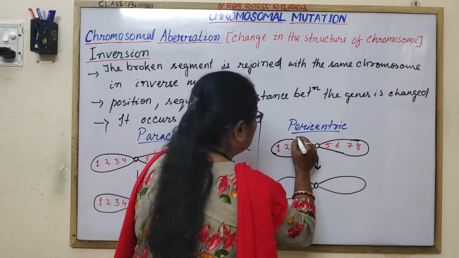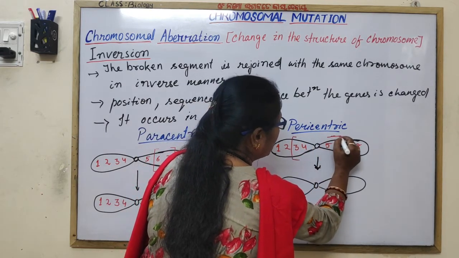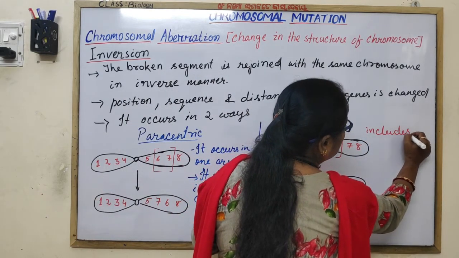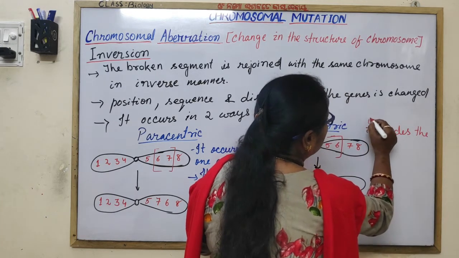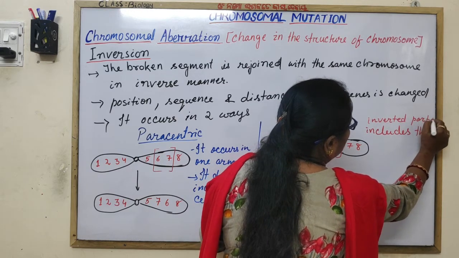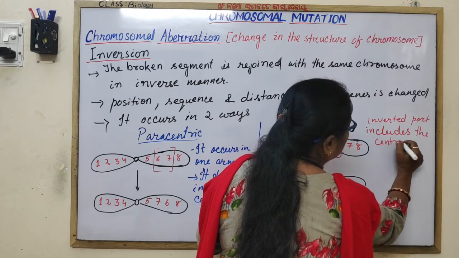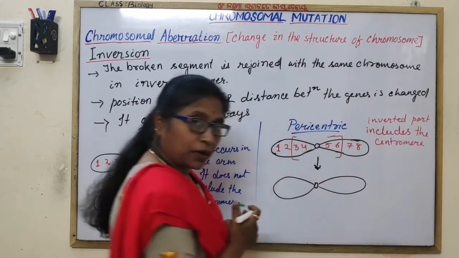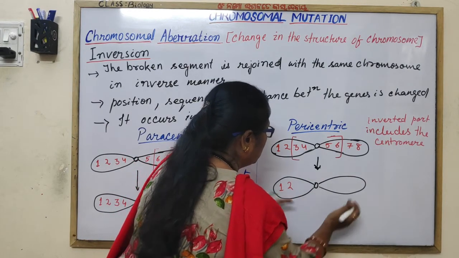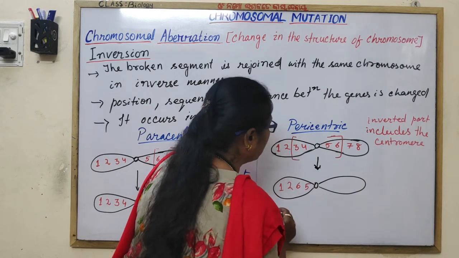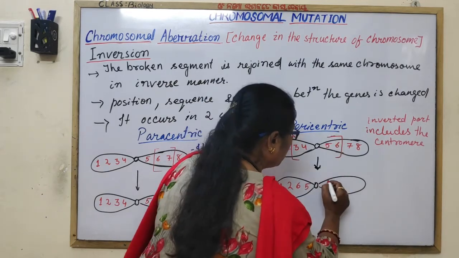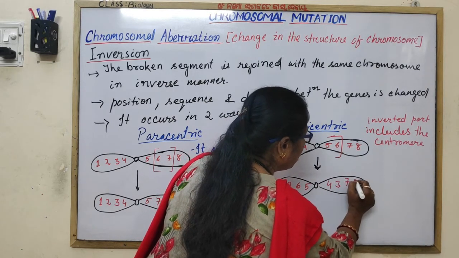Suppose this segment including the centromere is inverted. The inversion includes the centromere. Okay? So 1, 2, now 6, 5, and here this is reversed: 4, 3, 7, 8.